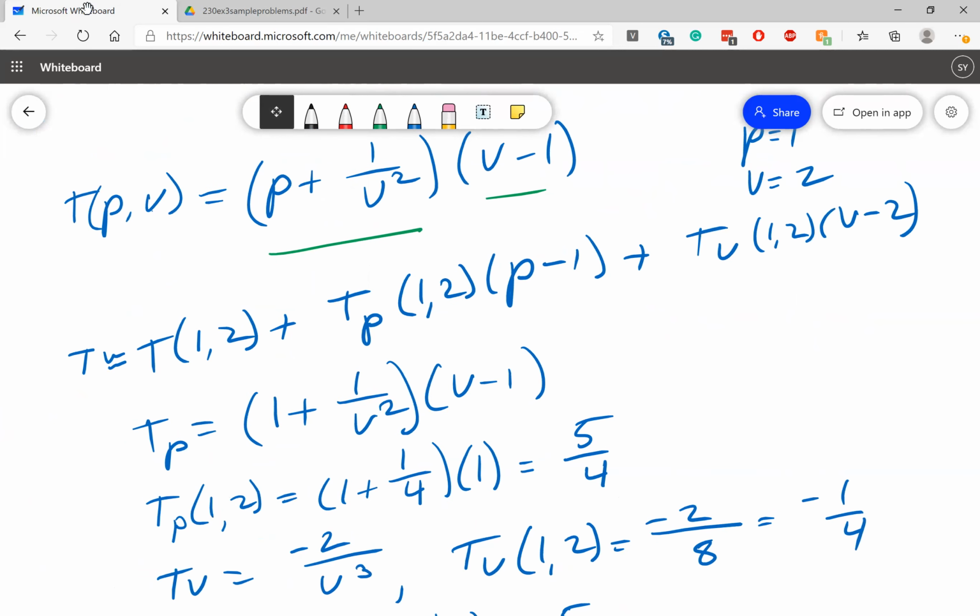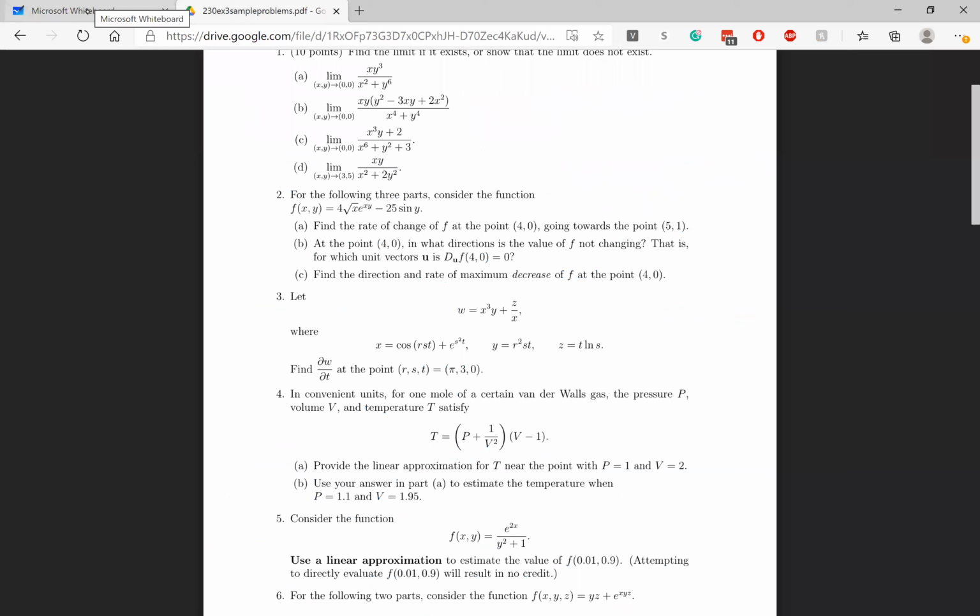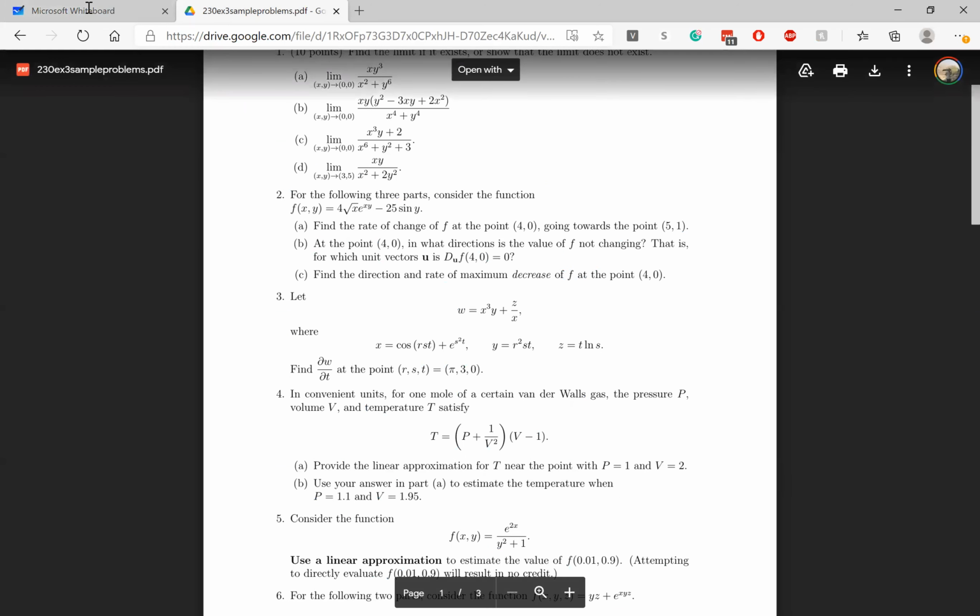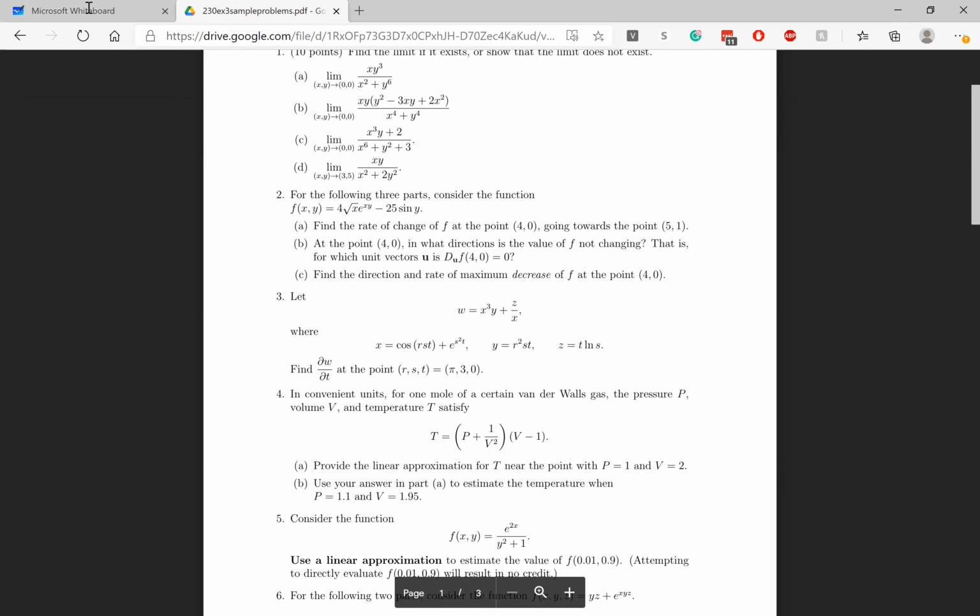Okay. So next they ask, use your answer to estimate the temperature when P is equal to 1.1 and V is equal to 1.95.